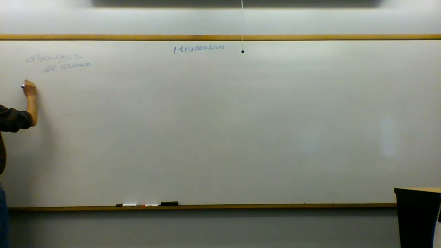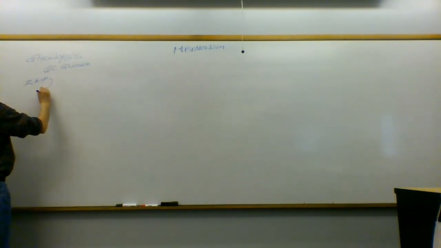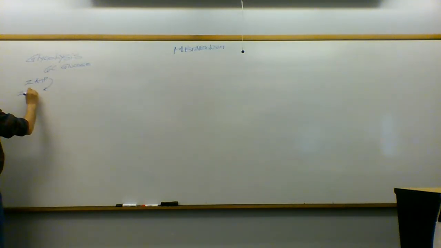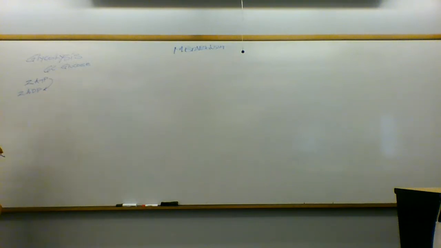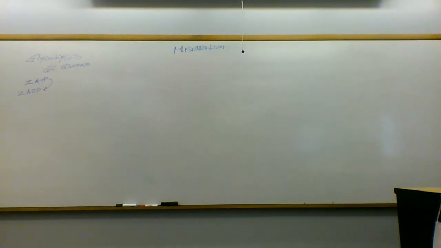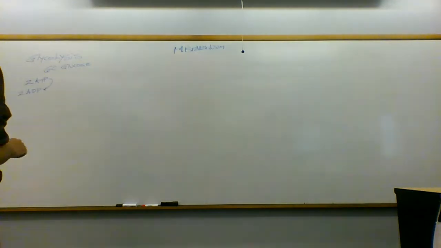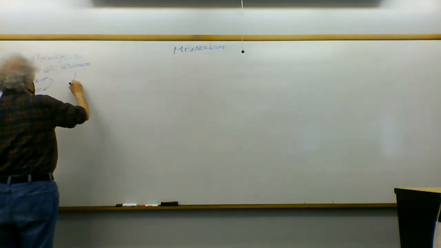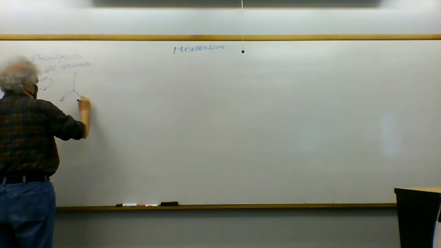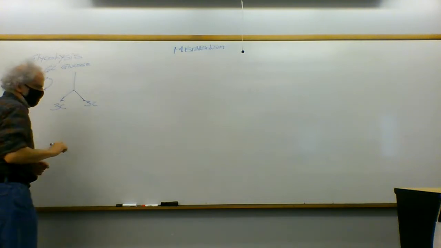So we've got 2 ATPs back up onto this glucose and dump their phosphates, and they go out as 2 ADPs. We now have glucose bisphosphate. But don't worry about writing that down. It immediately splits into 2 3-carbon molecules. So glucose now is going to split into 2 3-carbon molecules.